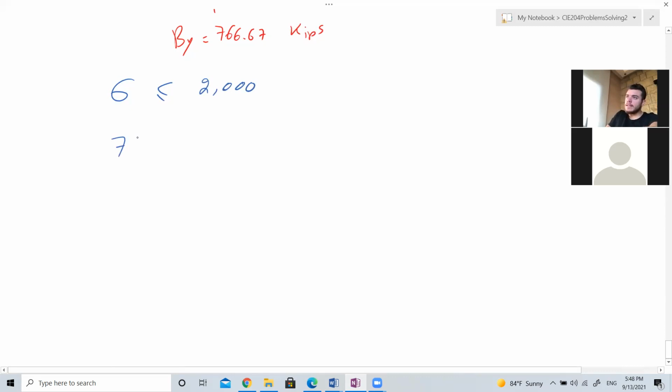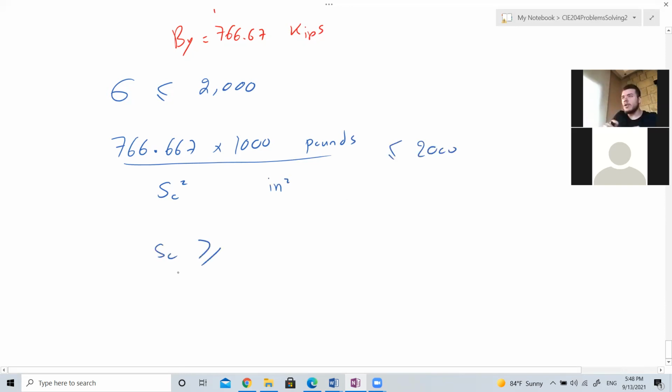The force here is 766.667 times 1000 pounds over the area, SC squared in inch squared, less than or equal to 2000, and therefore SC is greater than or equal to 19.579.